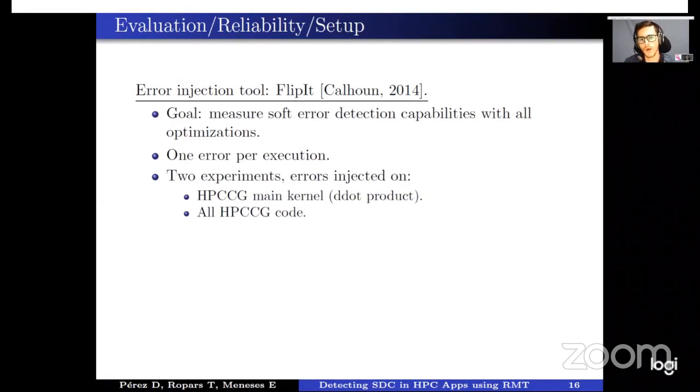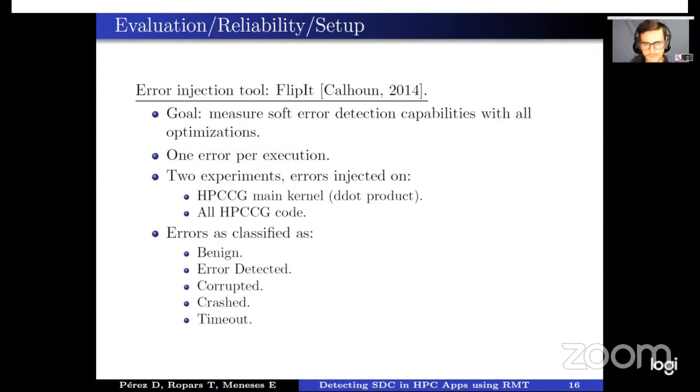There is only one error injected per execution, and we have two experiments. One where we allowed errors only at the main kernel of the HPCCG app, which is a dot product between two vectors, and another one where we allow errors in all the HPCCG code.